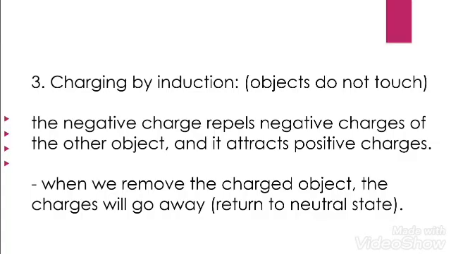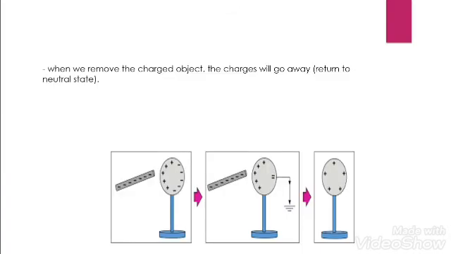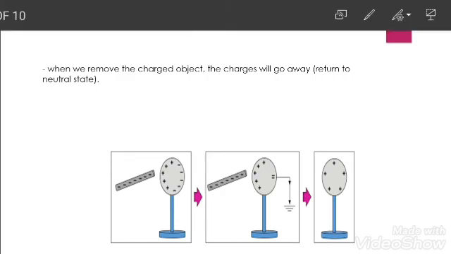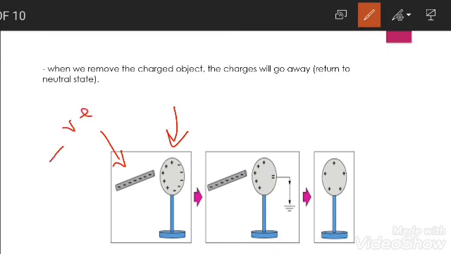Method 3, charging by induction. In this method, objects do not touch. Look at the picture. The object contains both charges, negative and positive. When we put an object that contains negative charge near it, the objects do not touch.